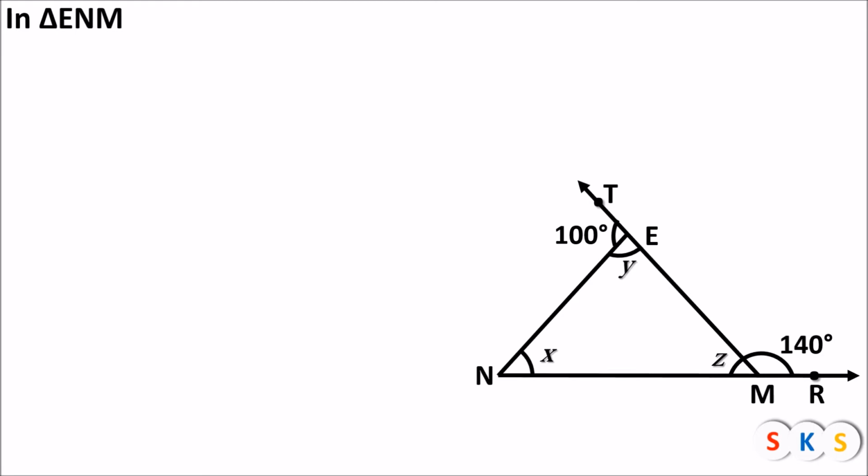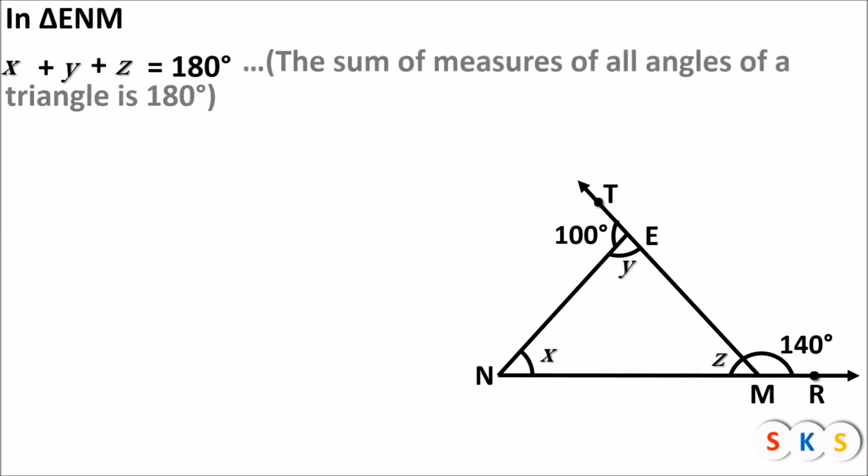Now in triangle ENM, angle X plus angle Y plus angle Z equals to 180 degree, because the sum of measure of all three angles of a triangle is 180 degree, correct? Now at the place of X we will write X, at the place of Y we will write 80, at the place of Z we will write 40 equals to 180 degree.